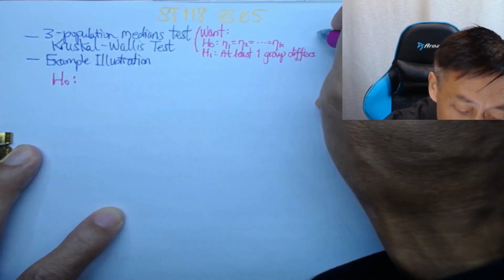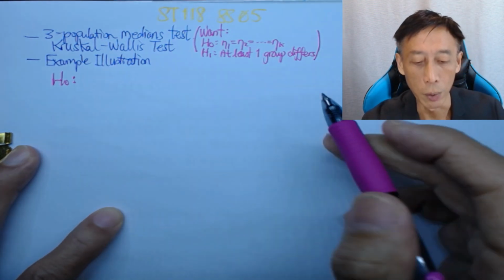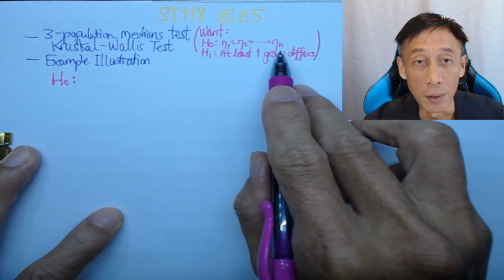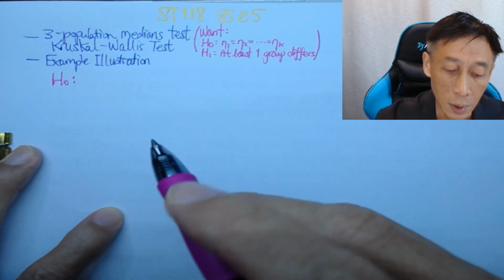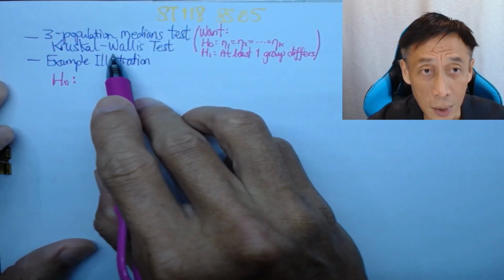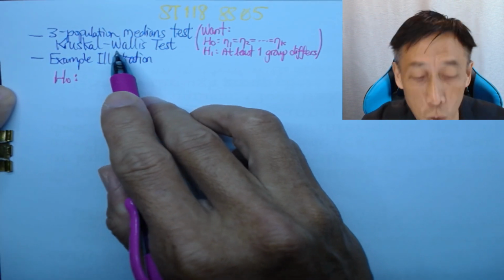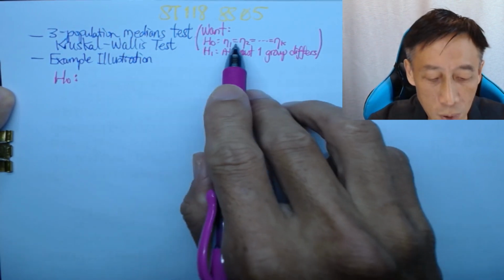This would be very analogous to the way we phrase mu 1 equals mu 2 equals mu k in the ANOVA case. The Kruskal-Wallis test, right, is both useful and matches closest to what we want.